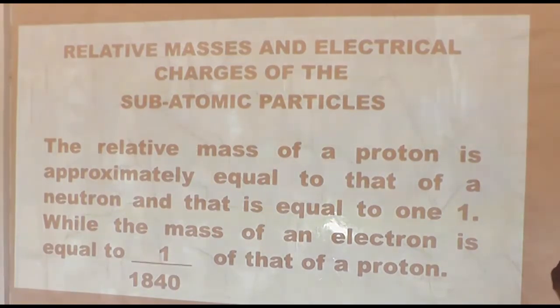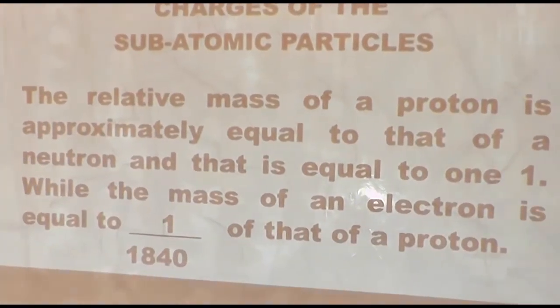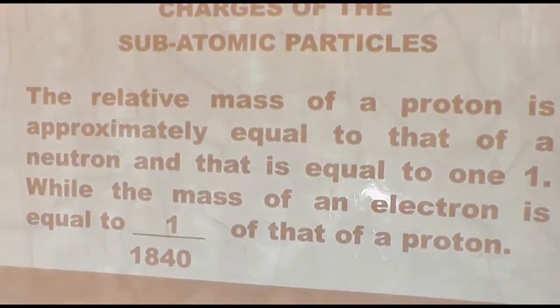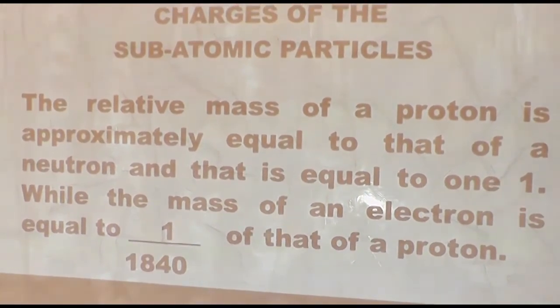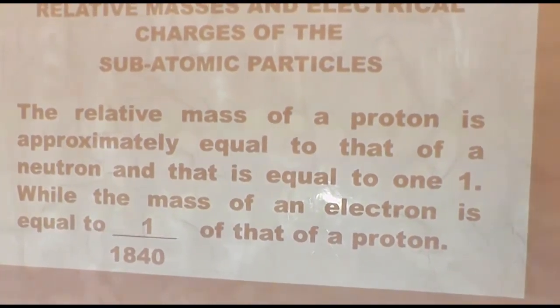The relative atomic mass of a proton is 1, and equal to that of a neutron, which means that the neutron is also 1. But the mass of an electron is very, very small and highly negligible.